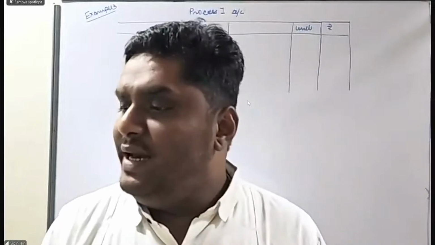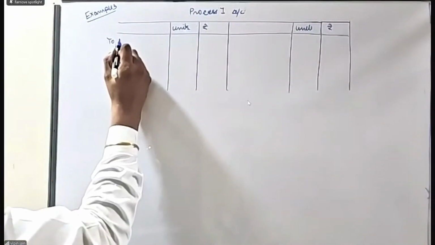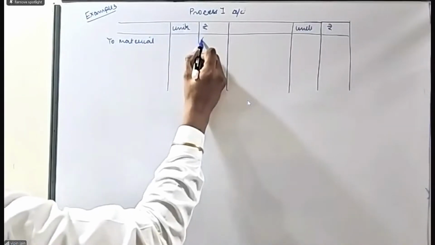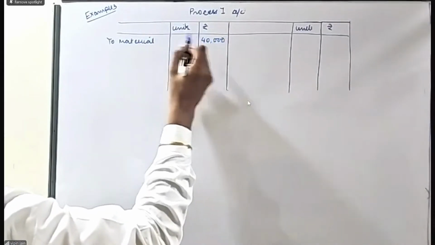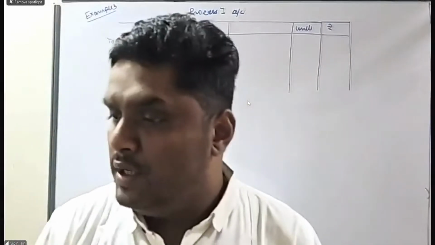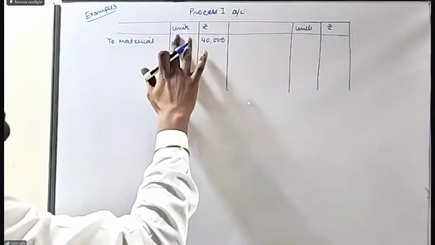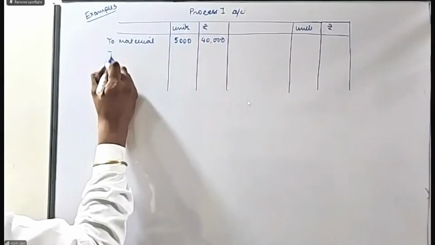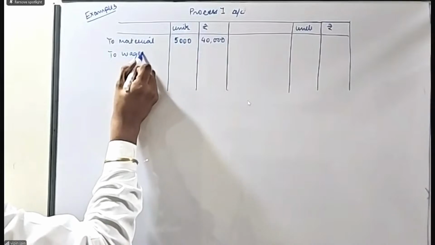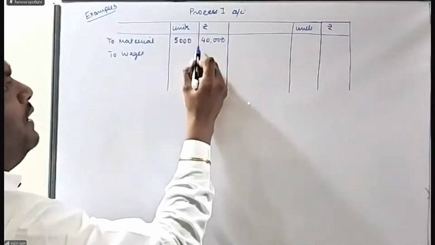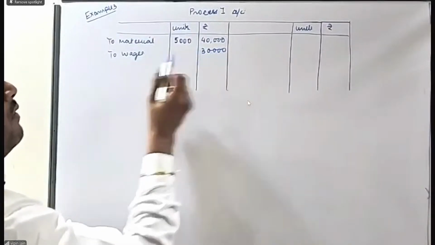Here the material is given, that is 40,000, to material, or you can write inputs. And when talking about the number of units, it is 5,000 units. Wages are 30,000, and manufacturing overheads are 27,000.